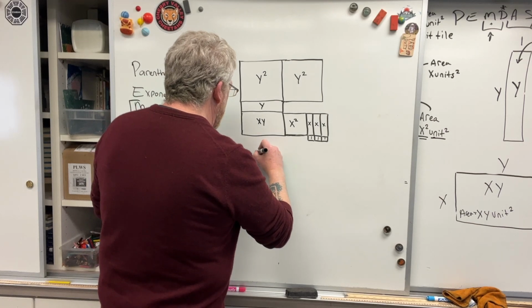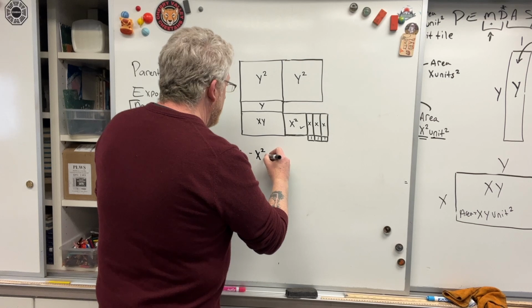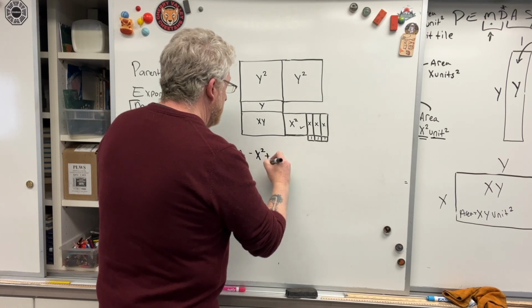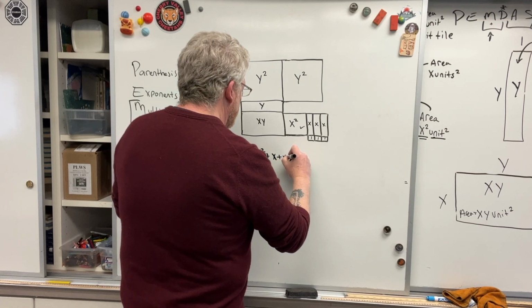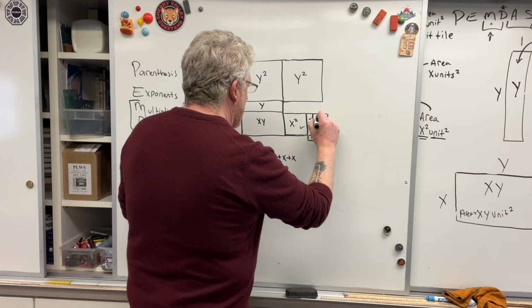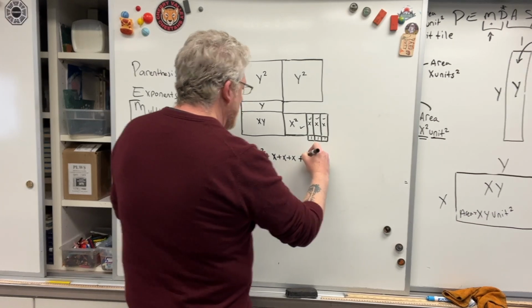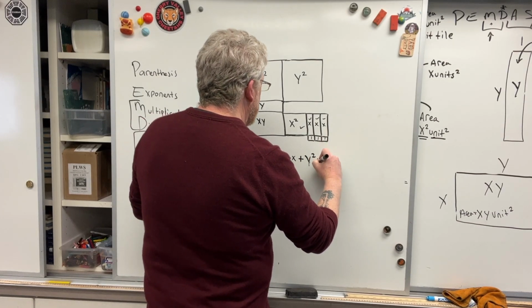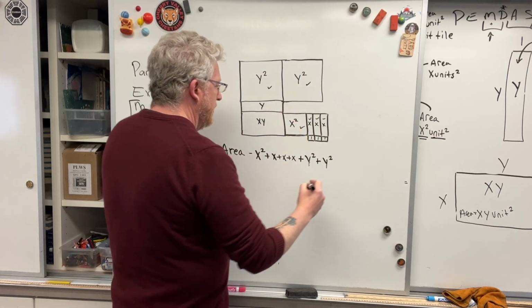All right, so we have an x-squared tile, plus x plus x plus x. That covers that guy and that guy. Plus y-squared plus y-squared. That takes that guy and that guy.